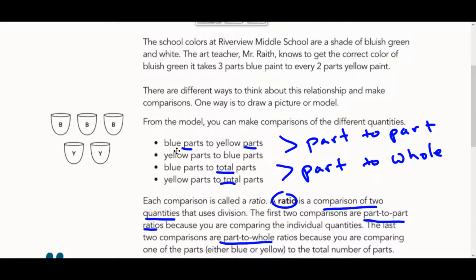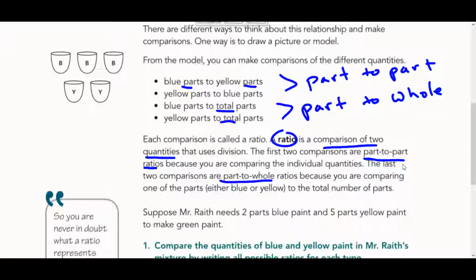So in this case, blue to yellow or yellow to blue, or blue to total, because total is another quantity. It's not as specific as blue or yellow, but it still represents a quantity. So blue parts to total or yellow parts to total. Those are what we call part-to-whole ratios.